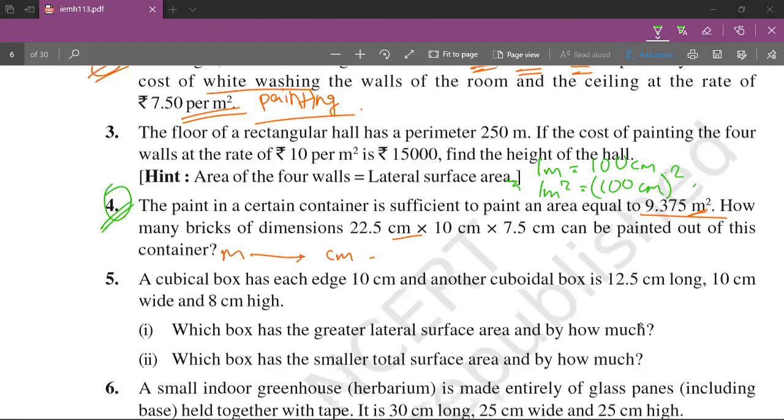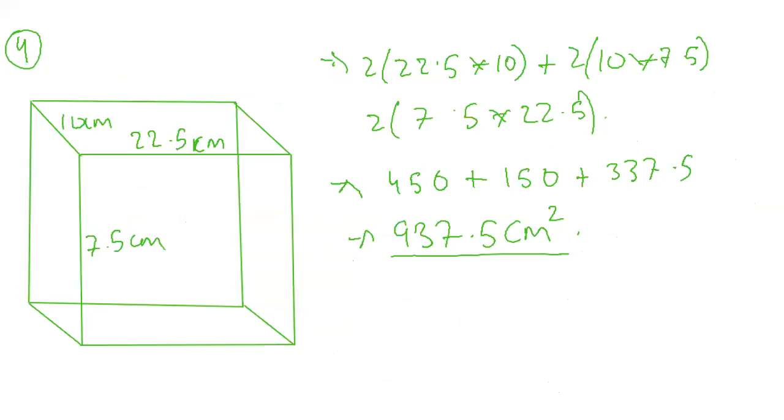So finally we'll solve the last part of the question. We'll assume it as a second part even though there's no second part. It says 9.375 meter square. Now we have to convert 9.375 meter square into centimeter square. So it will be into 100 centimeter whole square.